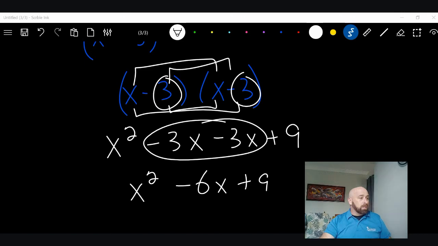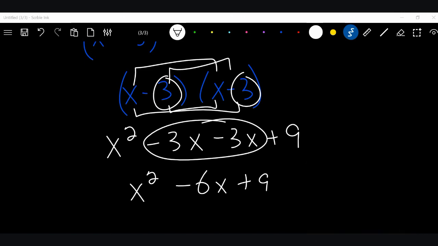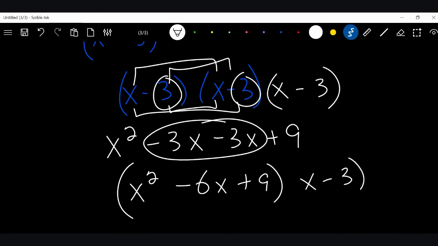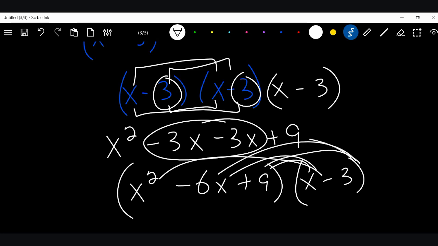Let's see. If you do a cubed, it's the same thing, only you do another time, times x minus 3. And so what would you do now? Because now you have that. That's the squared. And so now I have this times this. Well, the way that you would do that is now you just distribute. Okay? And so you can only do FOIL on binomials.